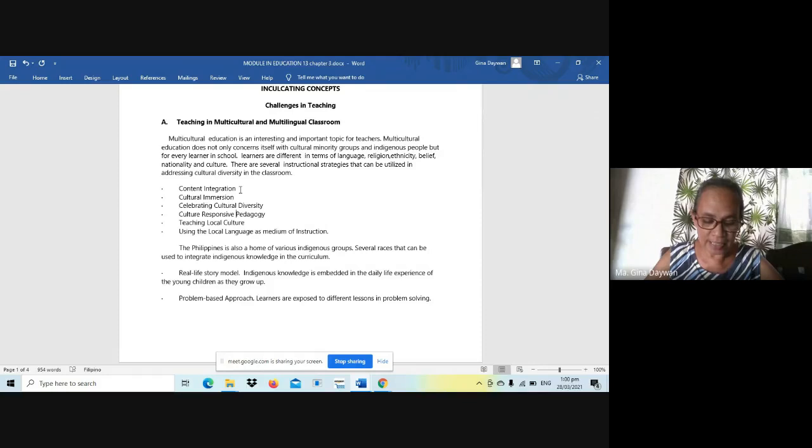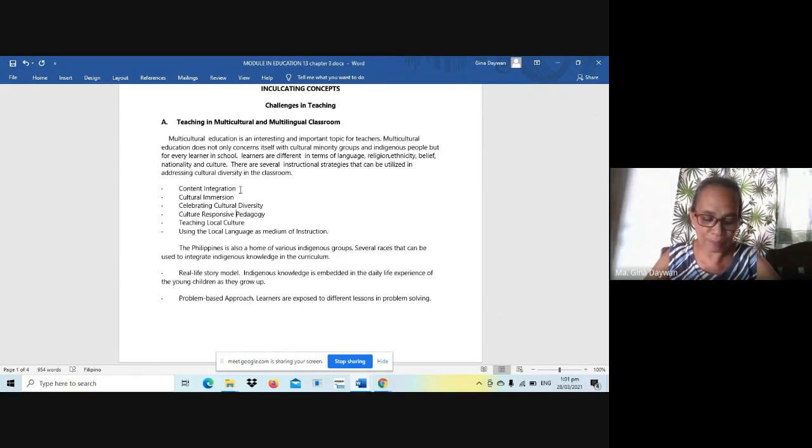Teachers here need to support the implementation of the mother tongue based multilingual education program of the Department of Education. They should help in the development of instructional materials for teaching local language and culture to the students. That's why we have what we call the mother tongue.